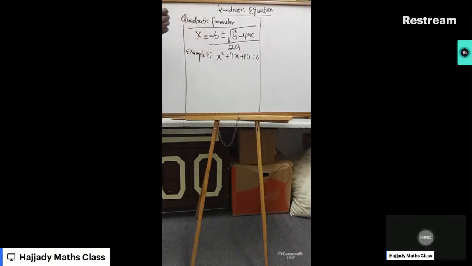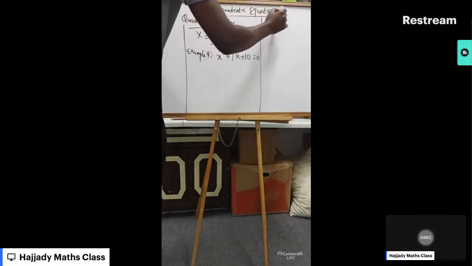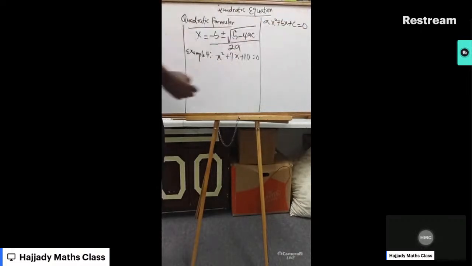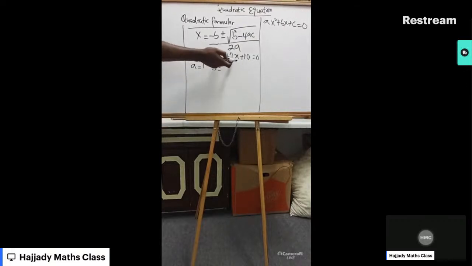So using this general formula I gave you initially, ax squared plus bx plus c equals 0, what is my a? From here, you agree with me that my a is 1. What about my b, which is the coefficient of x?